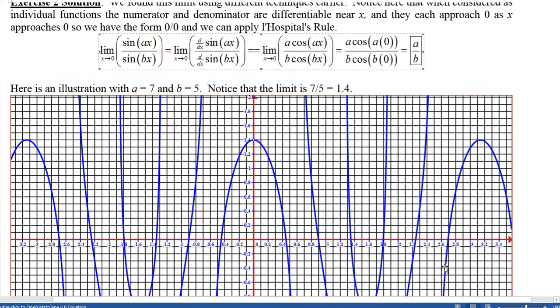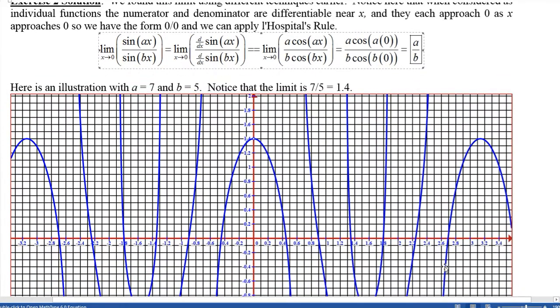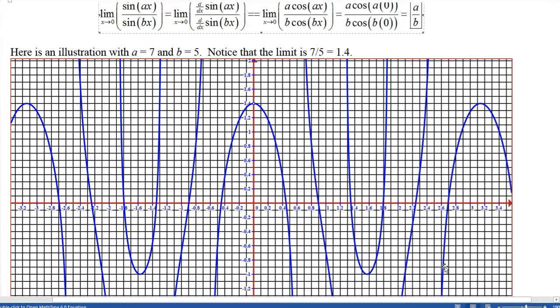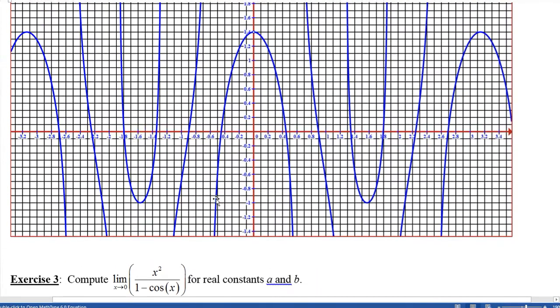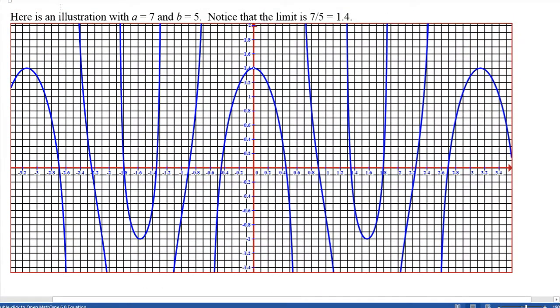And I'm going to illustrate it. Of course, to illustrate this, I'm going to have to pick a specific value for a and b. In this case, I picked a equals 7 and b equals 5. So the limit should be 7/5, which is 1.4. And sure enough, there are some funny things going on with this graph. Here's a piece that's got some vertical asymptotes.